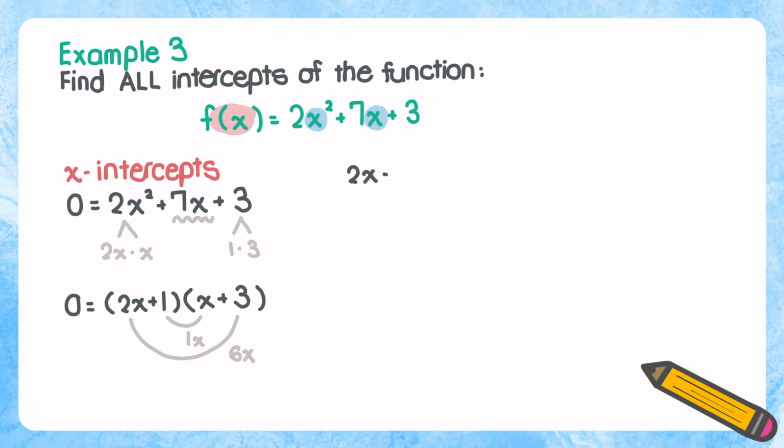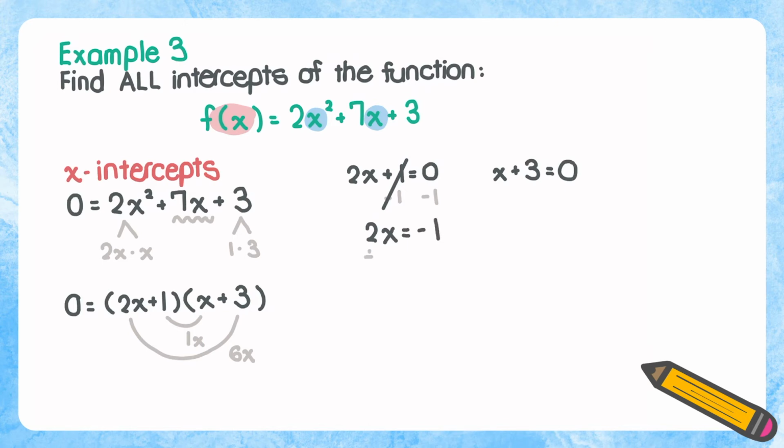Either 2x plus 1 equals 0, or our other option is x plus 3 equals 0. Let's start with the first option, subtracting 1 on both sides. I have 2x equals negative 1.